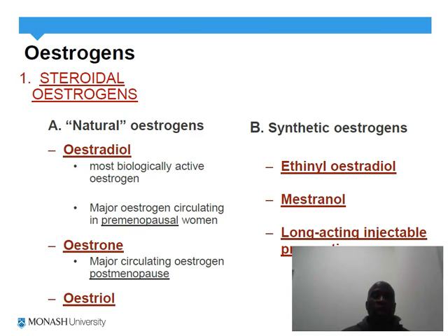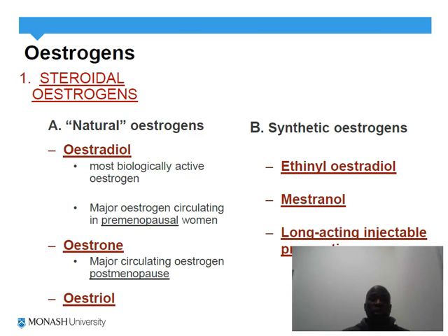Okay, let's look at the first hormones, which is estrogen. These are female hormones. In female hormones, based on estrogen, we have the first category, which is called steroidal estrogens, because as I said earlier, estrogens are steroid hormones. Within this category, the first is natural estrogens.